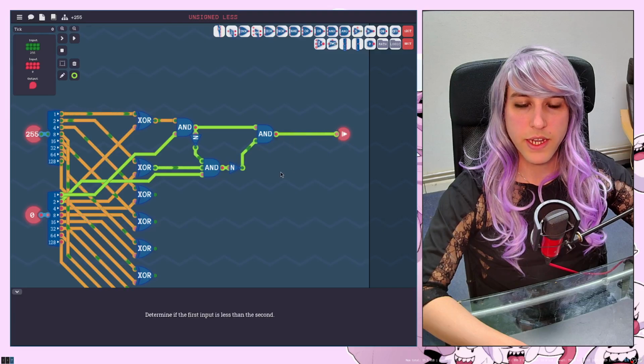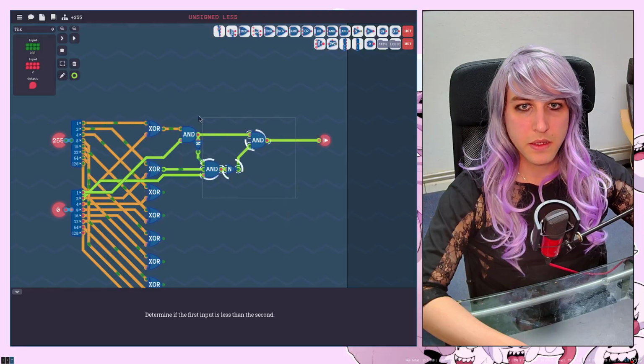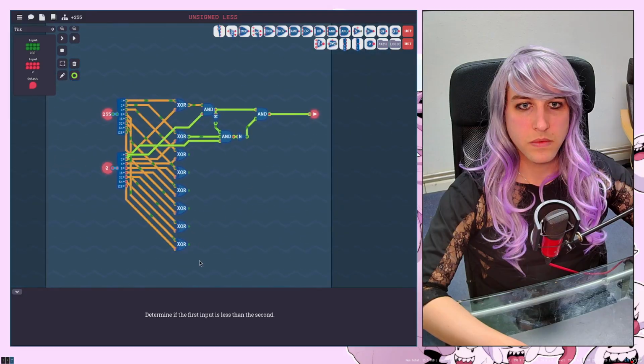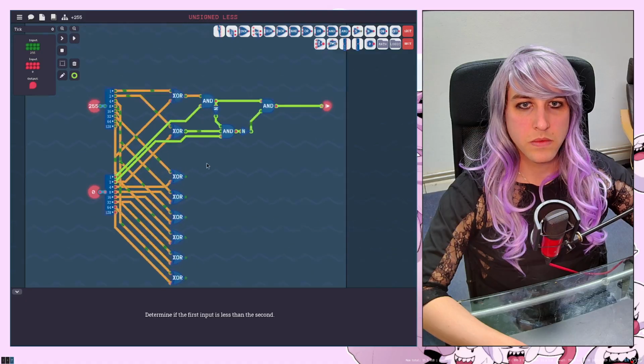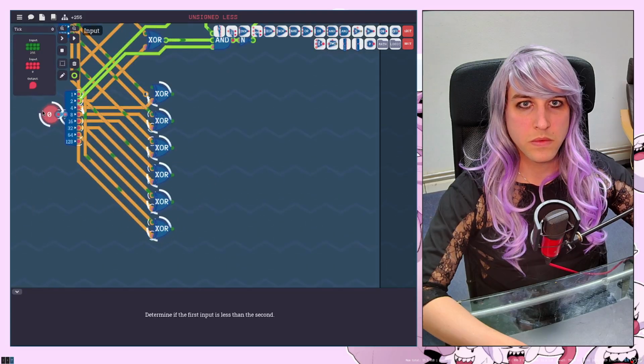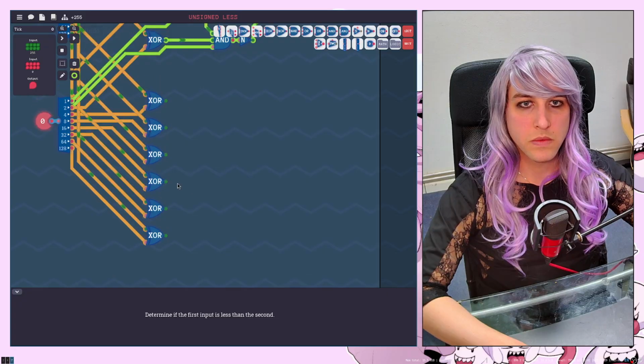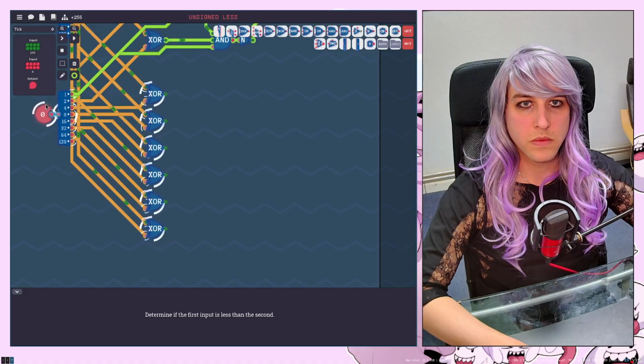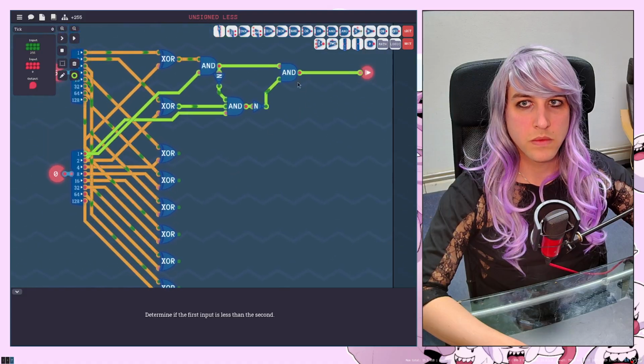And now we would have to build a chain of gates that look like this. Maybe we should build it from the bottom up.